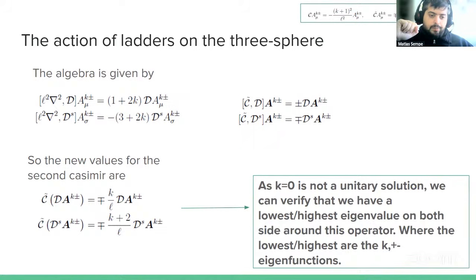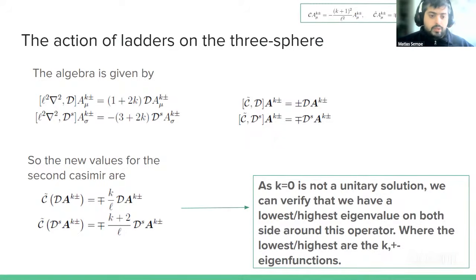So one usually expects that this is the case for higher dimensions, that we will reach a lowest weight: when we try to go down from the left mover, we eventually reach 0. And we can call this the lowest weight. And we can start from the left mover, go up, and we will get to 0. So we get the highest weight and lowest weight on one side and the other.